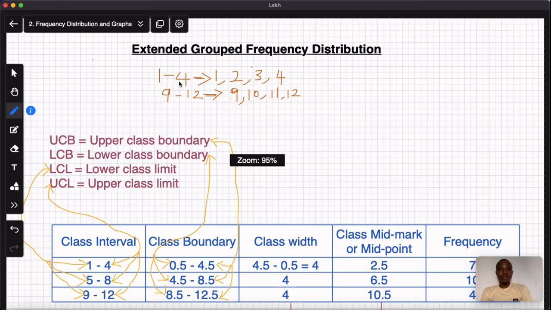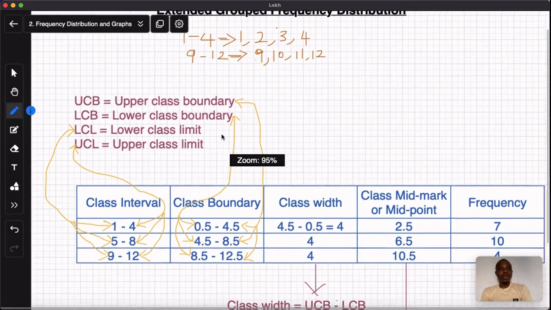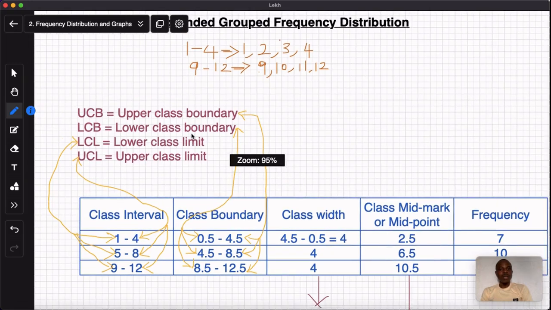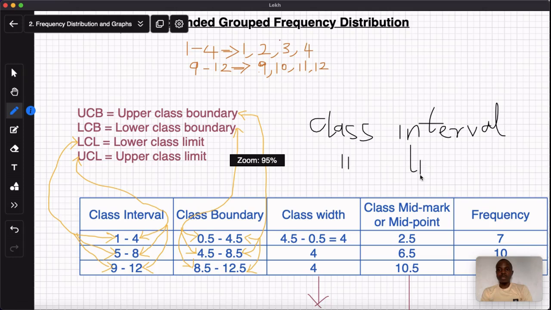Don't forget 1 to 4 means 1, 2, 3, 4, and 9 to 12 means 9, 10, 11, 12. Now let's look at what we call the upper class boundary and the upper class limit. Looking at the class interval, another word for the class interval is class limit. So you may have it called class interval, then you may have it called class limit. So please take note of that.